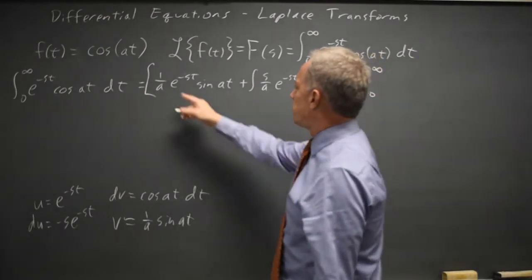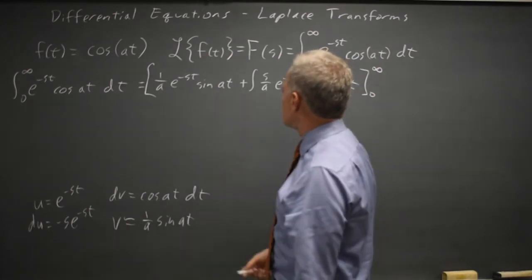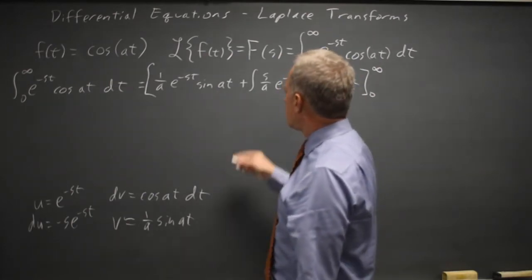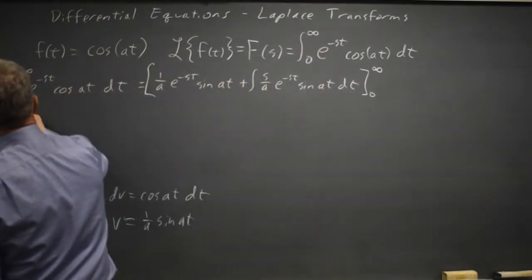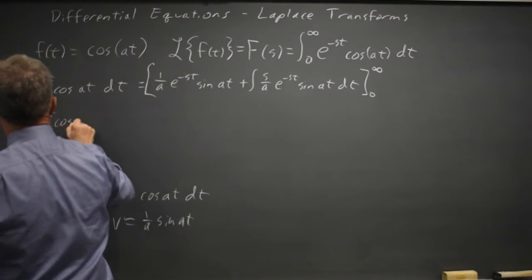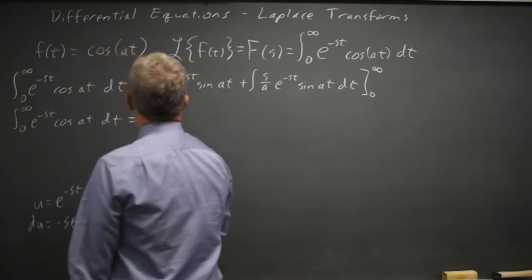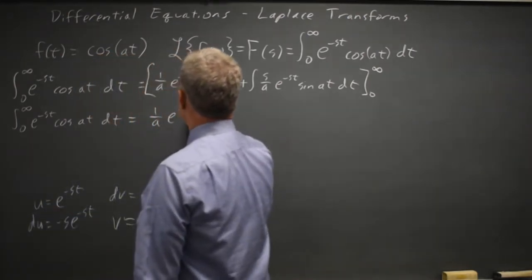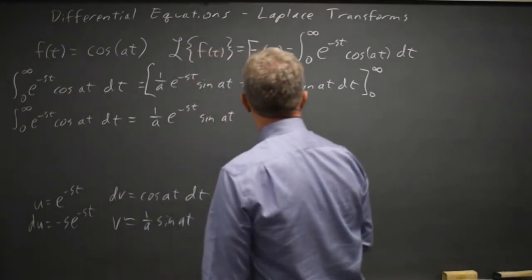I need 0 to infinity for this function that's not an integral, so I'm just putting it outside rather than in my limits of integration. And I get to do parts again for this integral. So my original integral is 1 over a e to the negative st sine at, and then plus whatever I get from parts.